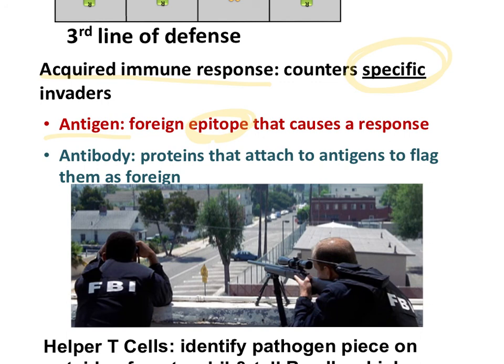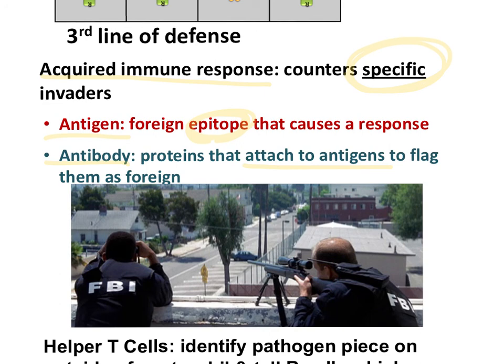They could be on my own cells, or they could be on a pathogen. And so when an epitope is bad, then it becomes called an antigen. An antibody is a protein that my cells are making, and my antibody attaches to an antigen. We'll see this. And the goal of that antibody is to further flag them as foreign.